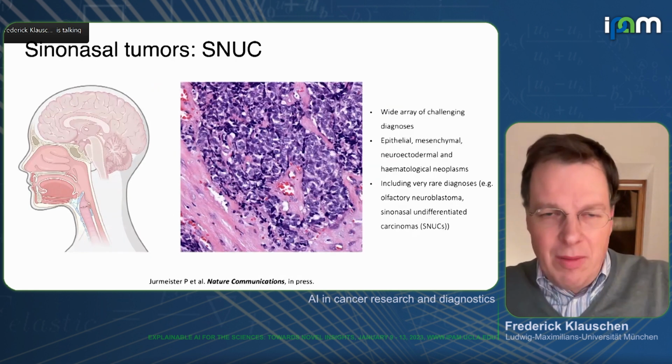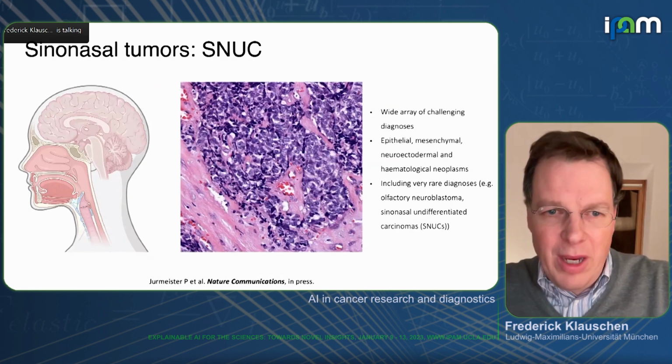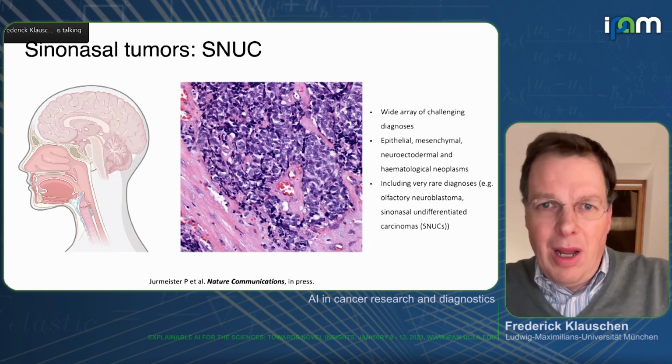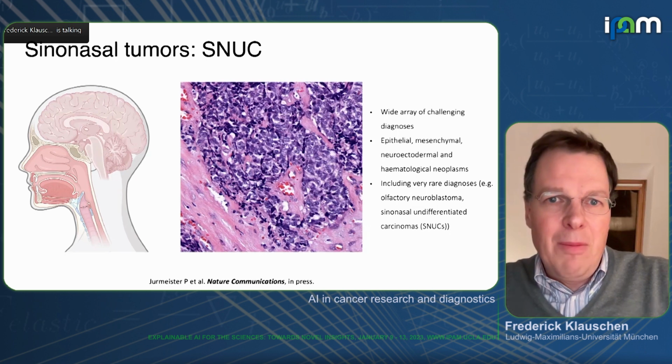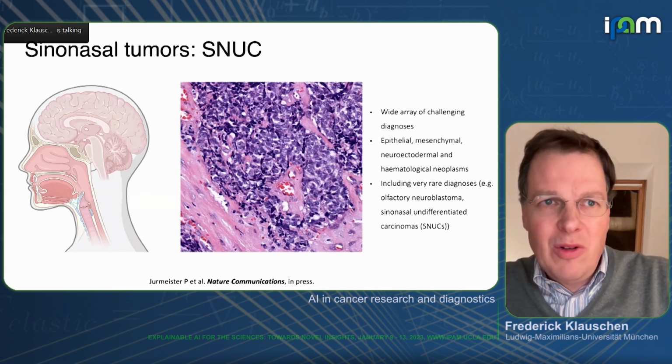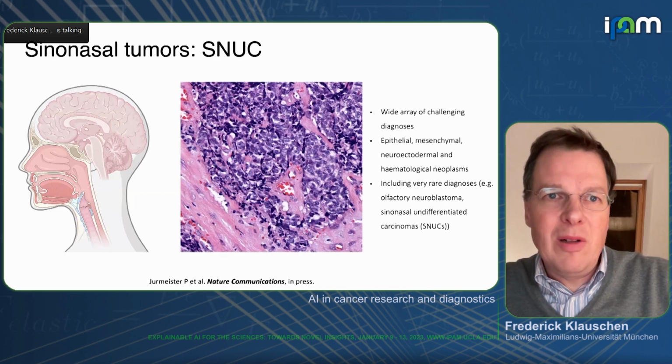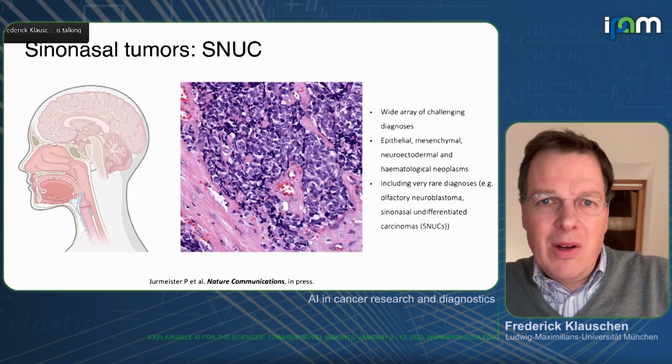One more recent paper here in Nature Communications, also together with a large international group and Klaus on the machine learning side: we collected data from all over the world on a very rare tumor type, so-called sinonasal tumors, that are also very difficult to diagnose and have a very bad prognosis.